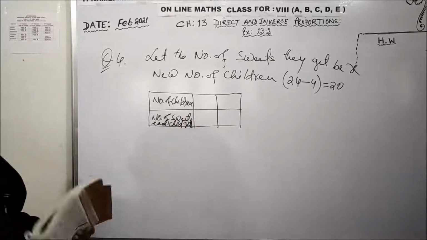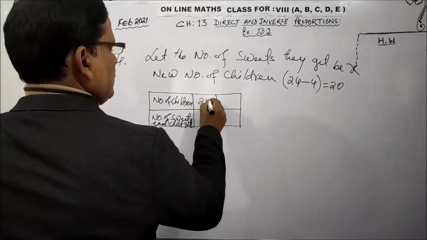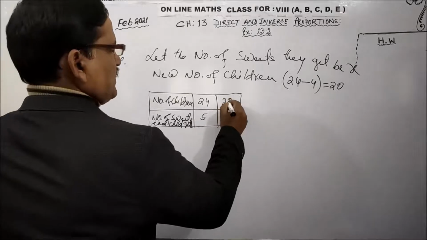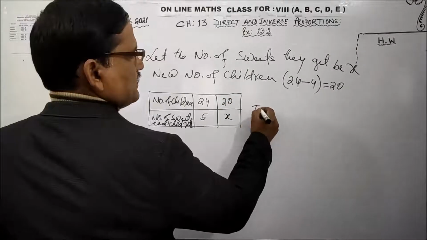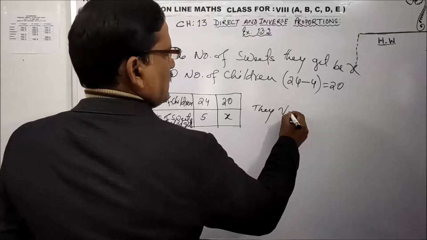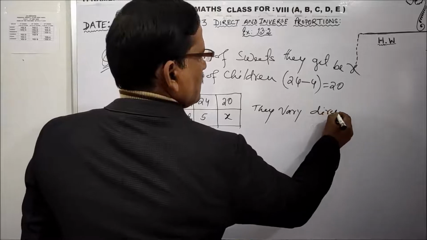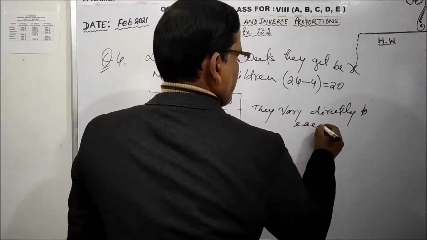In the first case, 24 children, each child is getting 5. Second, 20 children, each child is getting X. At the side, write that they vary directly to each other.